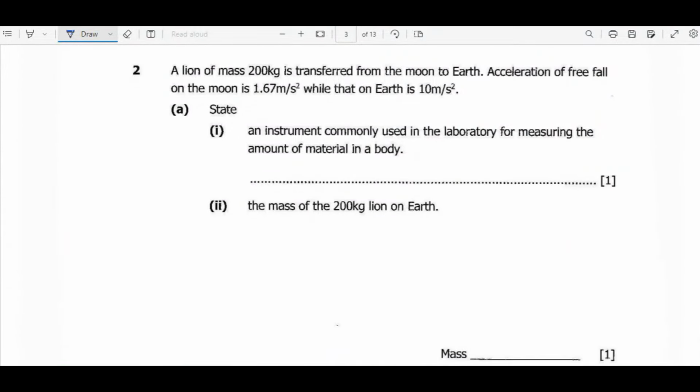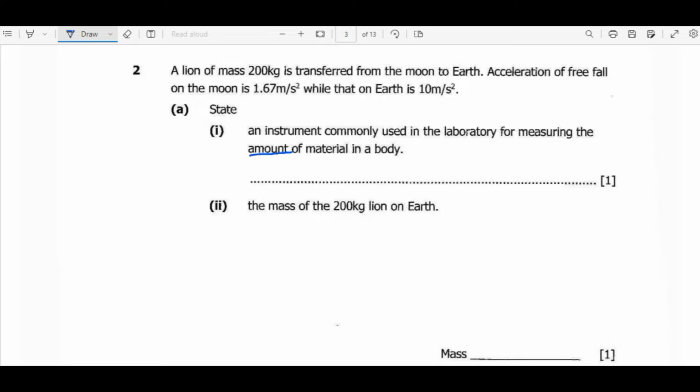A lion of mass 200 kilograms is transferred from the moon to the earth. The acceleration of free fall on the moon is 1.67 meters per second squared, while that on earth is 10 meters per second squared. Question A: state an instrument commonly used in the laboratory for measuring the amount of material.